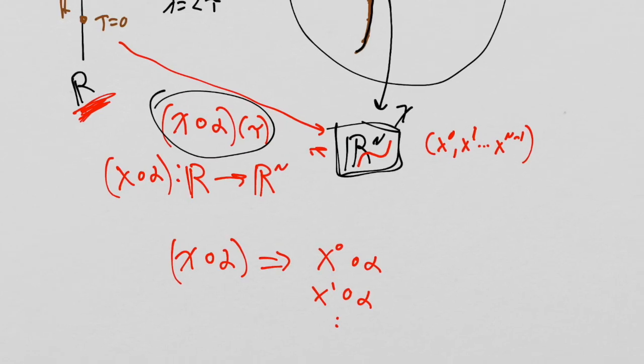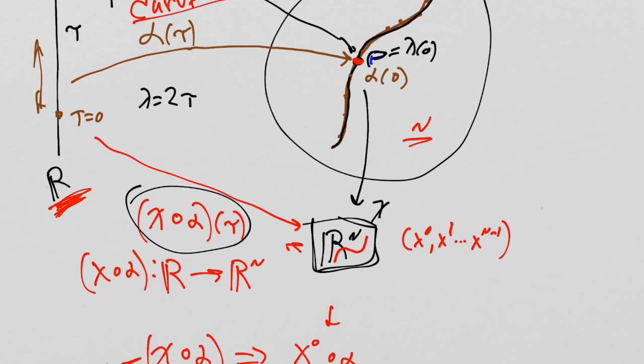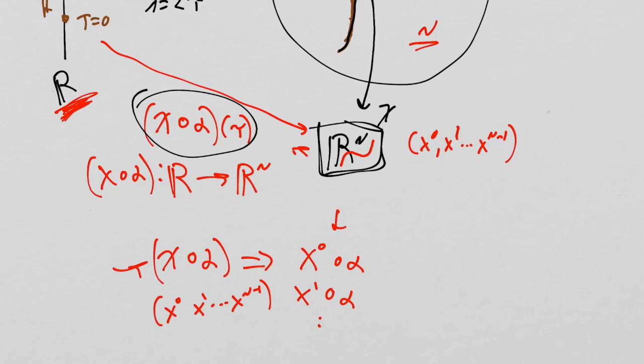So this is a stand-in for all of these at the same time. This gives you a point x0, x1, to xn minus 1, because the manifold is an n-dimensional space. So each place you land in the manifold has to have n separate coordinates. So these are n different coordinate functions.